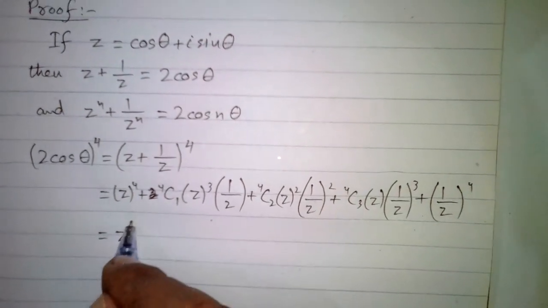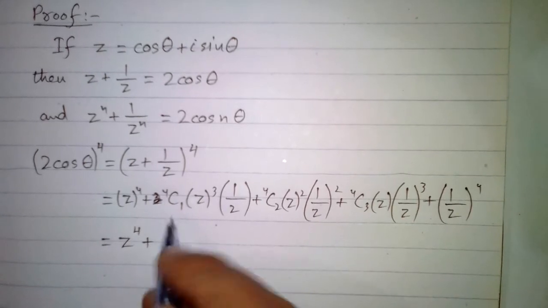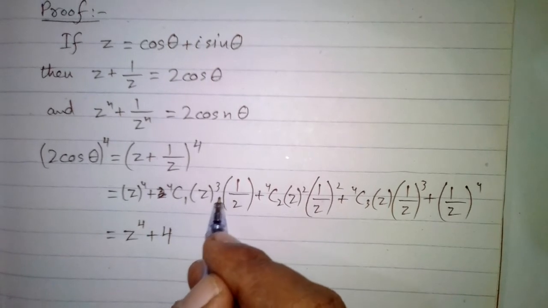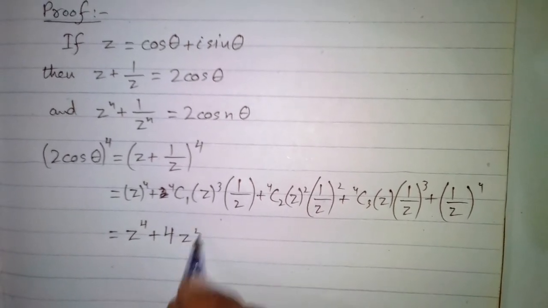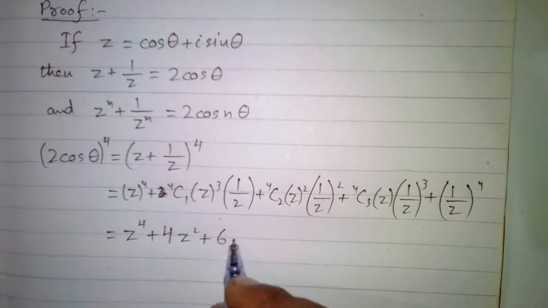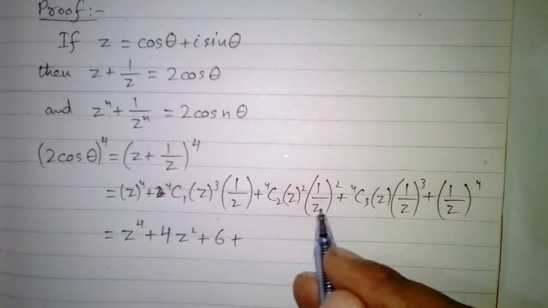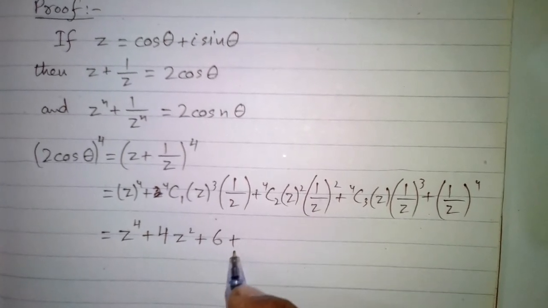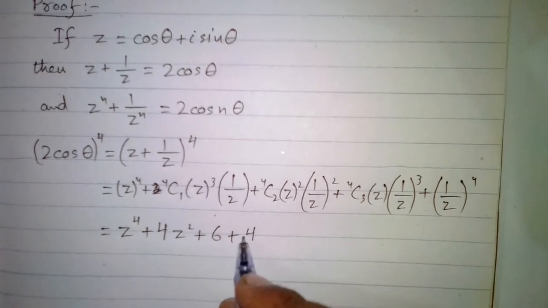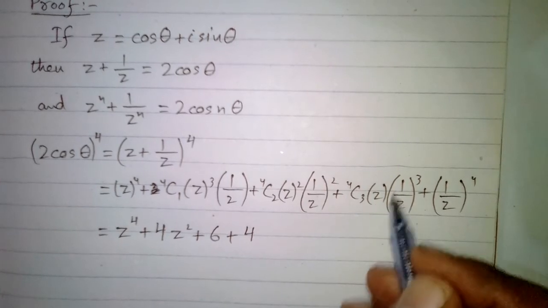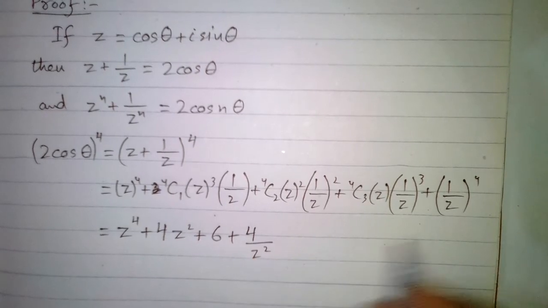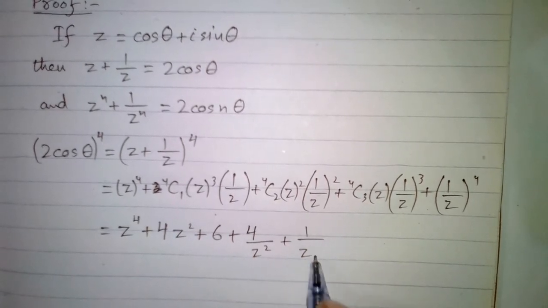Now this will be equal to z^4 plus 4C1 is 4 and z^3 multiplied by 1 upon z is z^2, then plus 4C2 is 6 and z^2 multiplied by 1 upon z^2 is equal to 1, and then 4C3 is equal to 4 and z multiplied by 1 upon z^3 is 1 upon z^2, so we have z^2 in the denominator, and then plus 1 upon z^4.